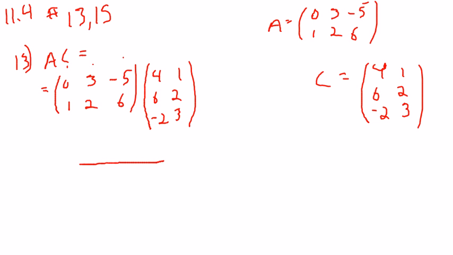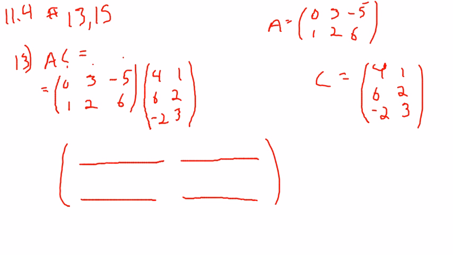Then I've got top by right, so that same 0, 3, -5 times the right column, 1, 2, 3. That's going to give me my next one. And then I'm going to have a bottom left and a bottom right. Hopefully you understand how I got that. We talked about that quite a bit in class, so you should be okay with that.